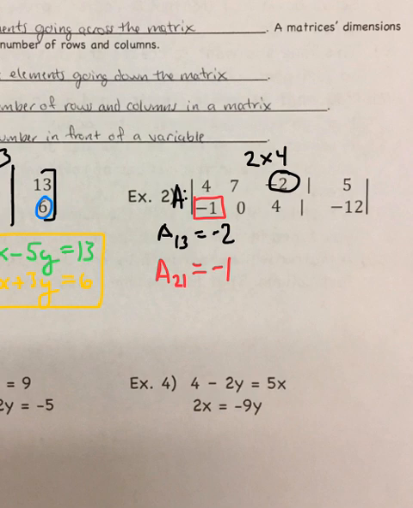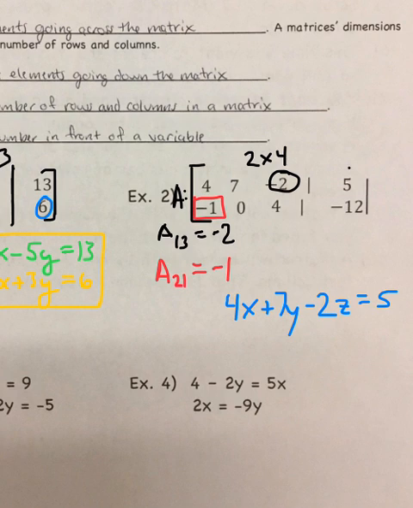Now we're writing our equations out. With 3 variables, I usually use x, y, and z. You could use a, b, and c, whatever you want, it'll work. So I'm going to say 4x plus 7y minus 2z equals 5. Remember, we want these as brackets and a straight line through.